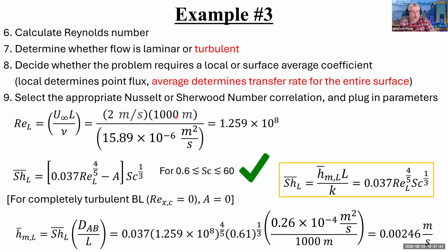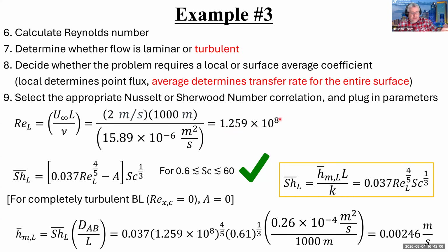The length of the total pool is 1,000 meters. The viscosity was given before, 15.89 times 10 to the minus 6 square meters per second. And so I get a Reynolds number of 1.26 times 10 to the 8th. That exceeds 5 times 10 to the 5th, so this is turbulent flow.